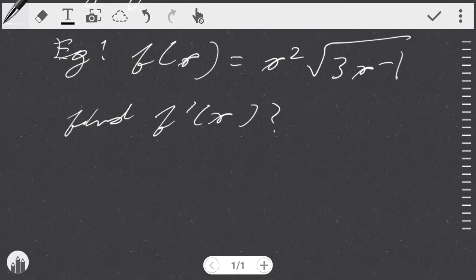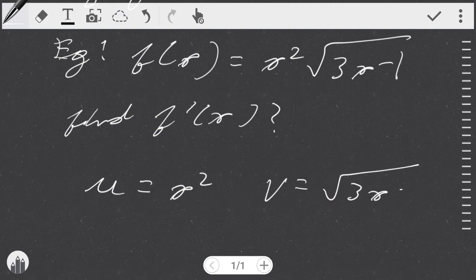So how do we begin? First of all, you have to denominate what u is and what v is. In this case, u would be x squared, the first term, and v would be the square root of 3x minus 1, the second term.